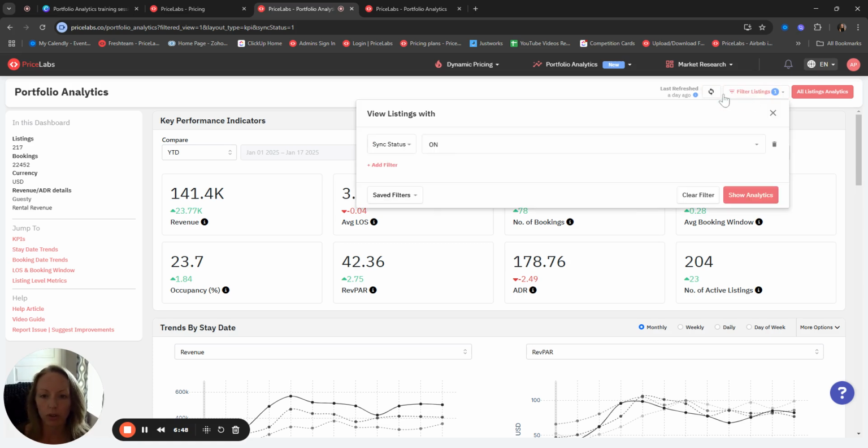Also, lots of cool filtering options. So what I've done is I've already preloaded my listings that have a sync status of on. I recommend that to most of my customers, because it depends on the situation, but unless you have a lot of listings that are turned off and you still want to know their performance, like maybe their historical performance because they're no longer active for you, you may want to have all of them in there.